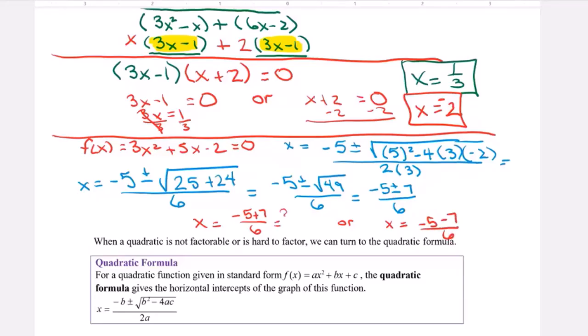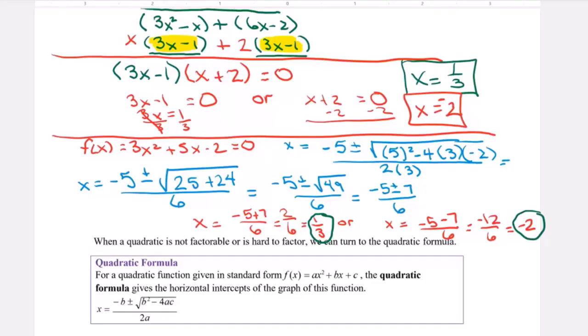Let's simplify. This is 2/6, which is 1/3. Perfect. That's exactly what we got before. And this is -12 divided by 6, which equals -2. Again, exactly what we got before.